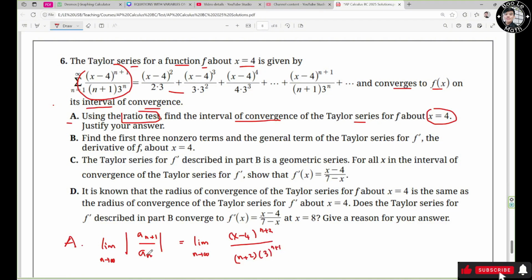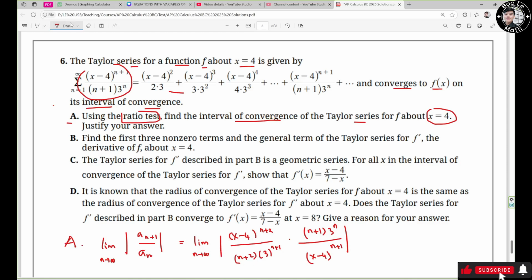Now divide by a sub n, which means you multiply by its reciprocal, so it could be (n plus 1) times 3 to the n over (s minus 4) raised to the n plus 1, right?